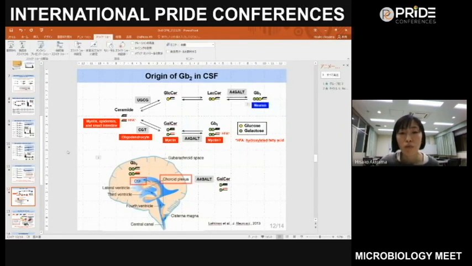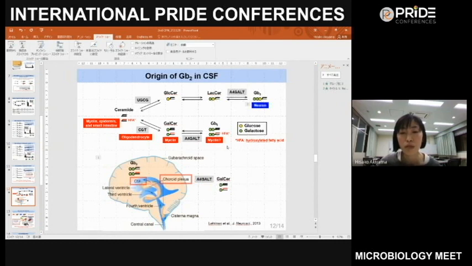Based on our results, I would like to discuss the origin of GB2 detected in CSF. About 80% of the CSF composition is from blood, so GB2 synthesized in tissues other than the brain might be incorporated into CSF. The remaining 20% may be synthesized in the brain, and there are two possibilities for the production site. One is myelin.